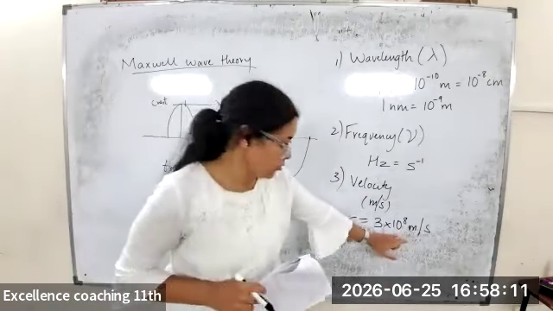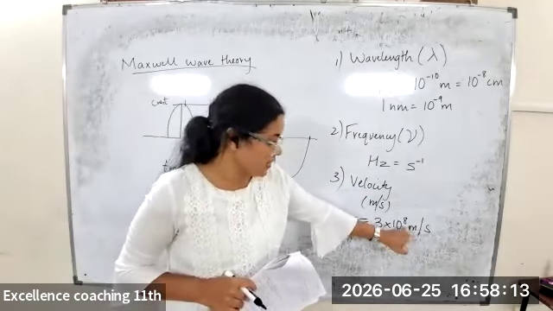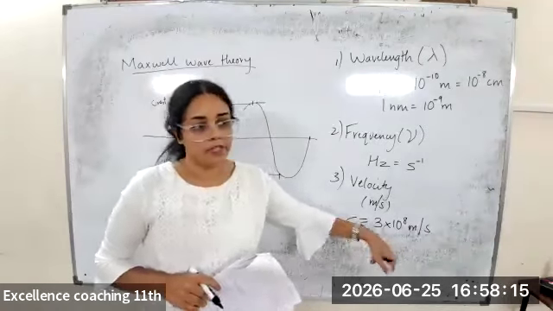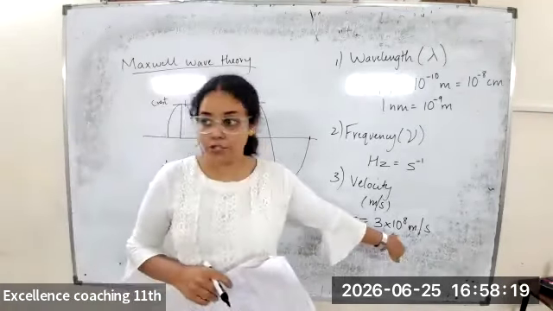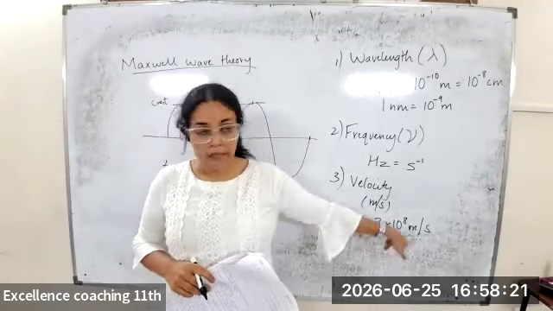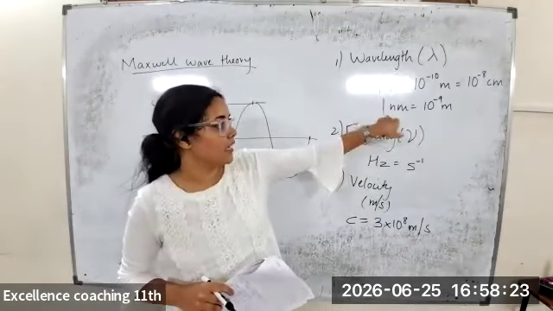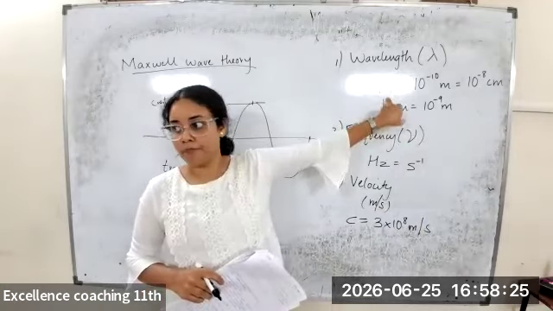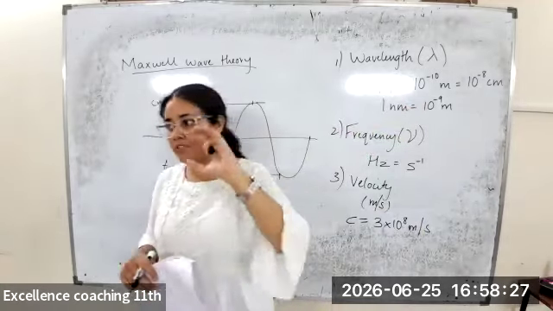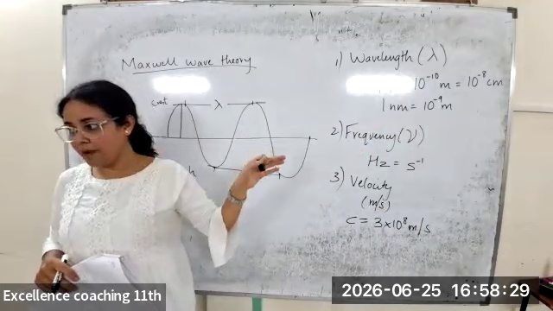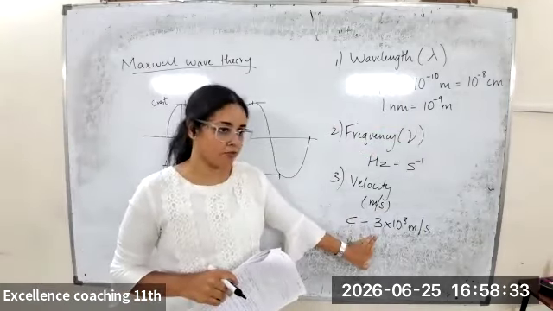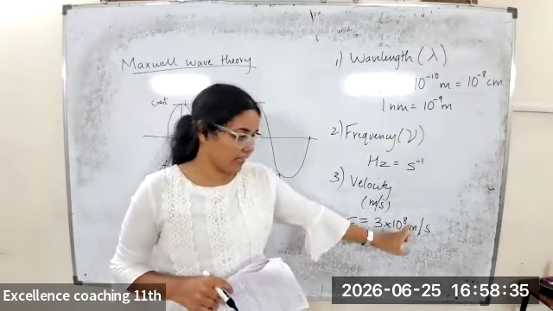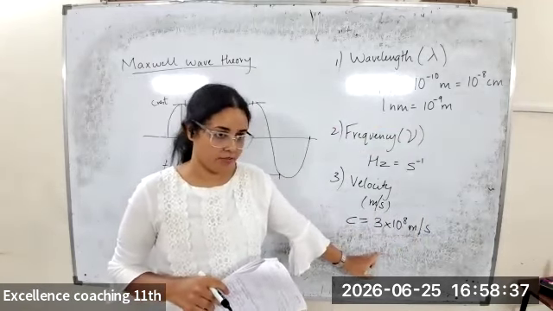Just note that this 10 raised to 8 is positive here, because many times in a hurry we tend to write 10 raised to minus 8. For things like nanometers and Angstroms, the powers will be negative. But when we speak about the speed of light, that 10 raised to 8 will be positive.